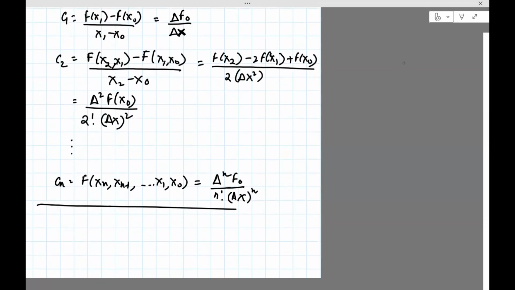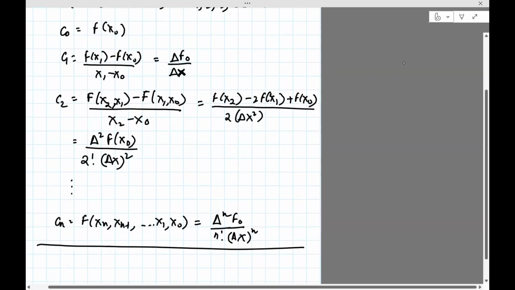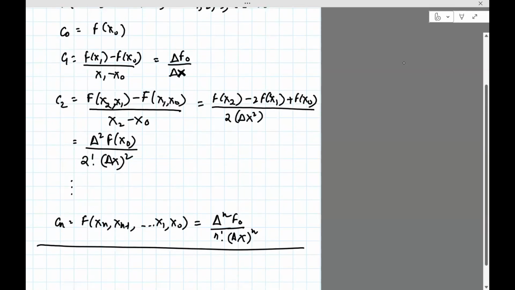Armed with all this, we have what is called the Newton-Gregory forward interpolation formula because it uses forward difference. Then there's the Newton-Gregory backward interpolation formula, which instead of starting from x0, you start from the back, xn, and go backwards.